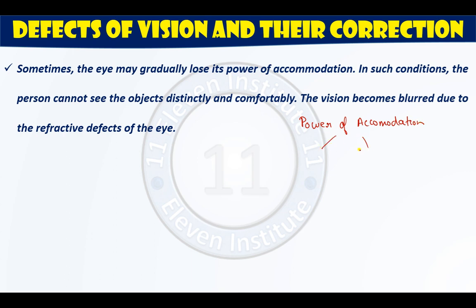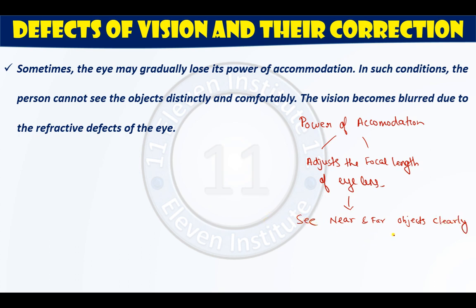In simple words, the power of accommodation adjusts the focal length of the eye lens. Due to the adjustment of the focal length of the eye lens, we can see near and far objects clearly.